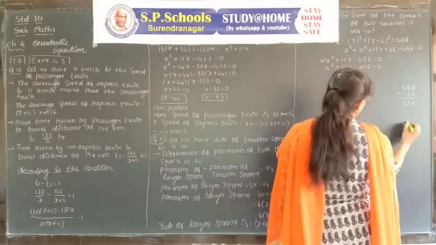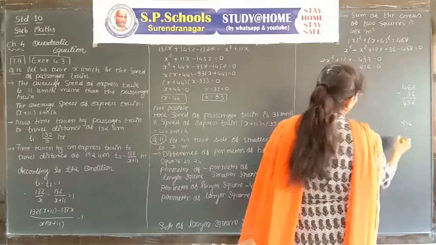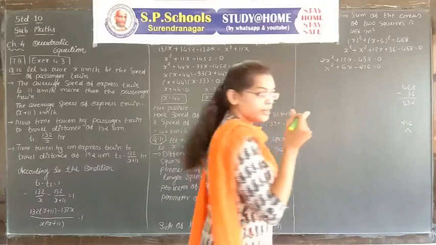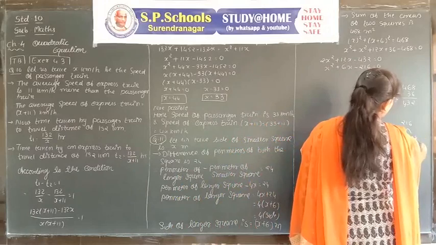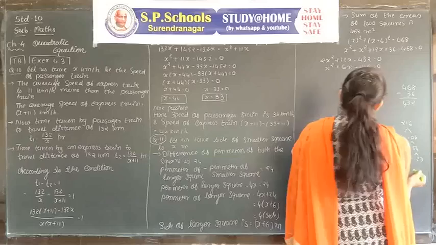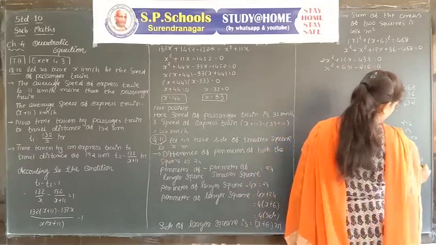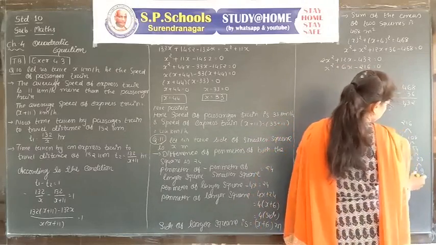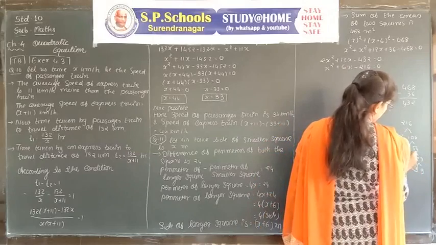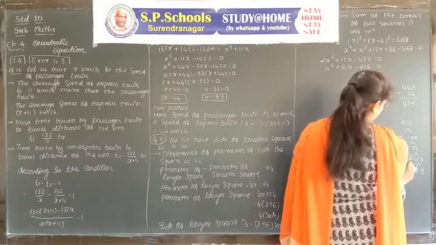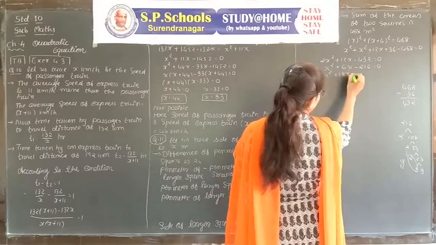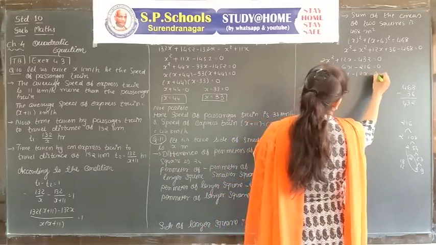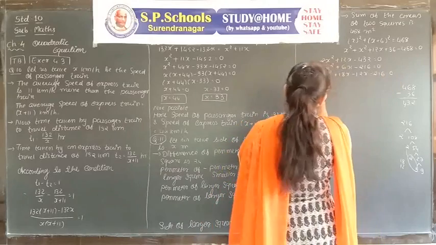Now the factors of 216 we get as subtraction 6, 2 1s are 108, 2 54, 2 27, 3 9s are 27. 6 2s are 12 and 9 2s are 18. X square plus 18x minus 12x minus 216 is equal to 0.